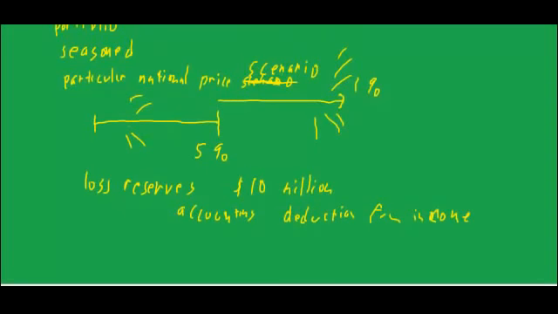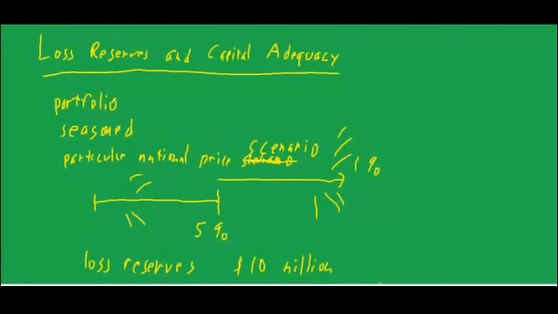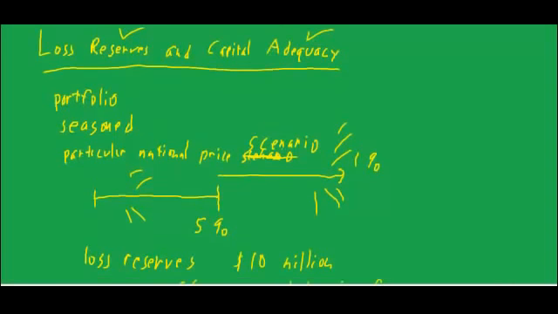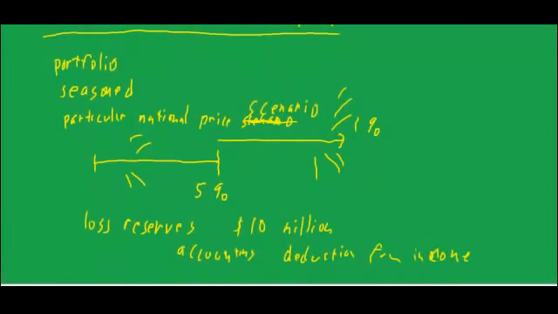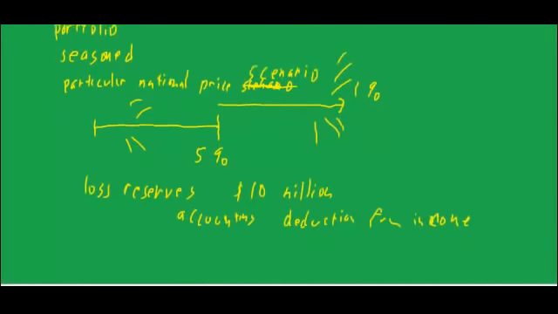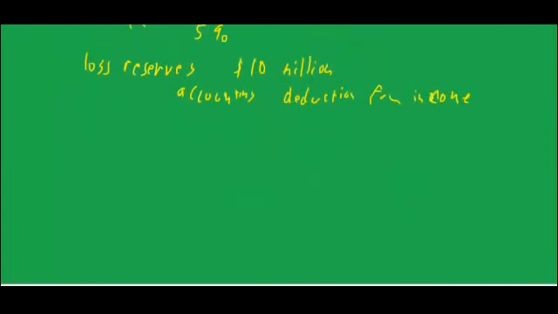So that was the first thing I was talking about, loss reserves. And the next thing is capital adequacy. With loss reserves, the scenario you pick would be an average scenario, or maybe a slightly conservative scenario.